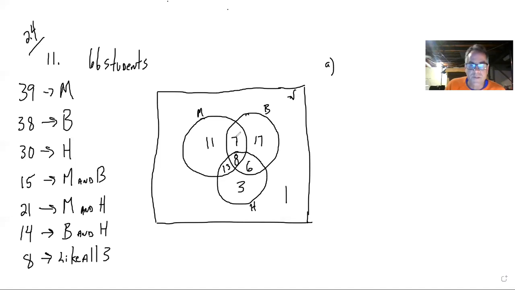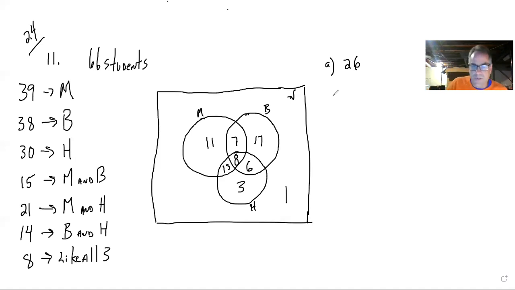But this group of 7, this group of 13, and this group of 6 all like exactly 2 of the composers. So 7 plus 13 is 20, and 20 plus 6 is 26. So we should have 26 like exactly 2. Punch that in, and we're good.